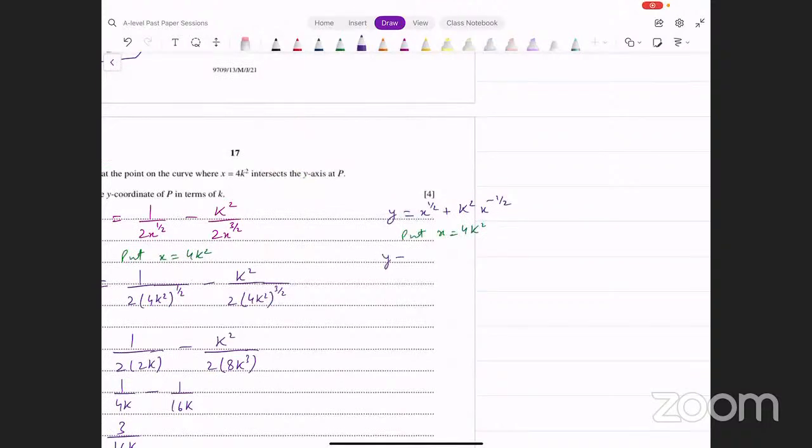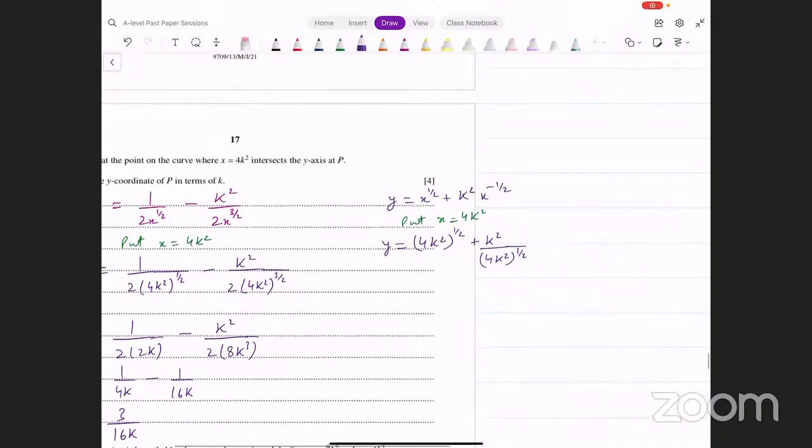What does that give us? That gives us (4k²)^(1/2) plus k² into (4k²)^(-1/2). या उसको डिनोमिनेटर में लिखते हैं बेशक, या कुछ डिनोमिनेटर में आ गया (4k²)^(1/2), ठीक है, x को डिनोमिनेटर में ले गया.